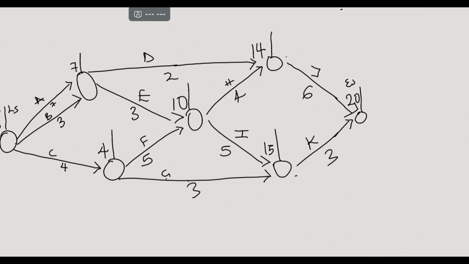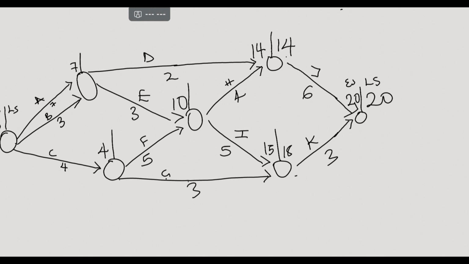Then we now have the ES and we have the LS. This is 20. 20 minus 3 will give us 18. 20 minus 6 will give us 14. That one is good. Then we come here, there are two nodes.